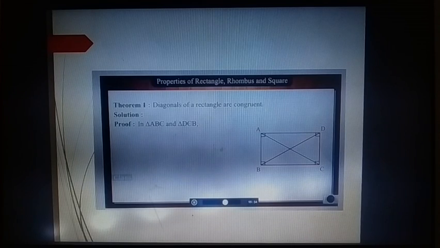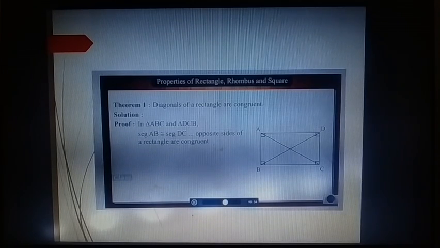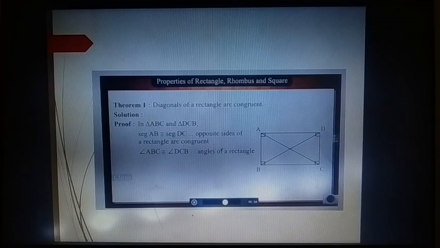In triangle ABC and triangle DCB, segment AB congruent to segment DC because they are the opposite sides of the rectangle and they are congruent. Angle ABC congruent to angle DCB, they are the angles of a rectangle and each angle is 90 degrees. Side BC congruent to side CB, they are the common sides for the triangles.